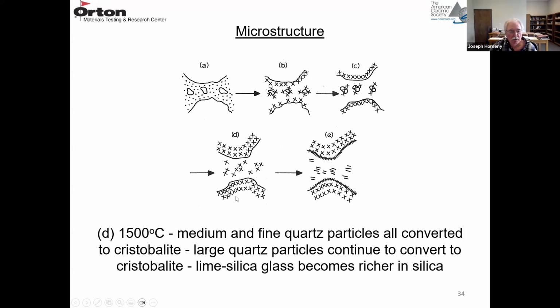So the X's here are the cristobalite, and the large particles of quartz, this reaction moves inward. They may not all be converted to cristobalite. The centers of these large quartz particles are still probably in the form of quartz, but their conversion to cristobalite is moving inward. The lime silica glass, as more and more quartz dissolves, becomes richer in silica, in D here.